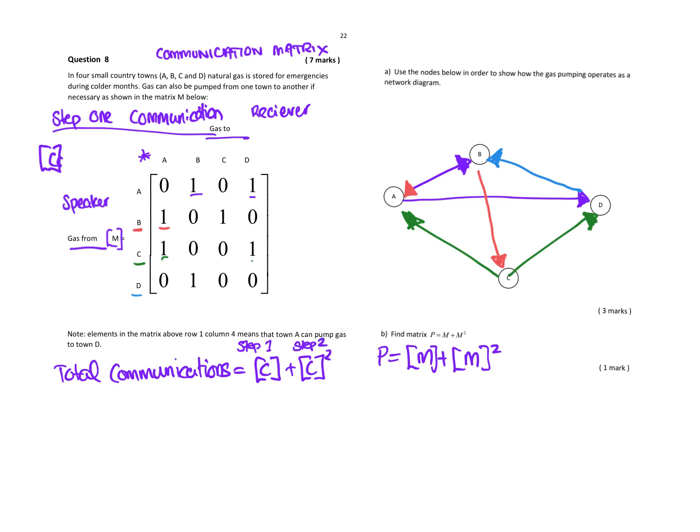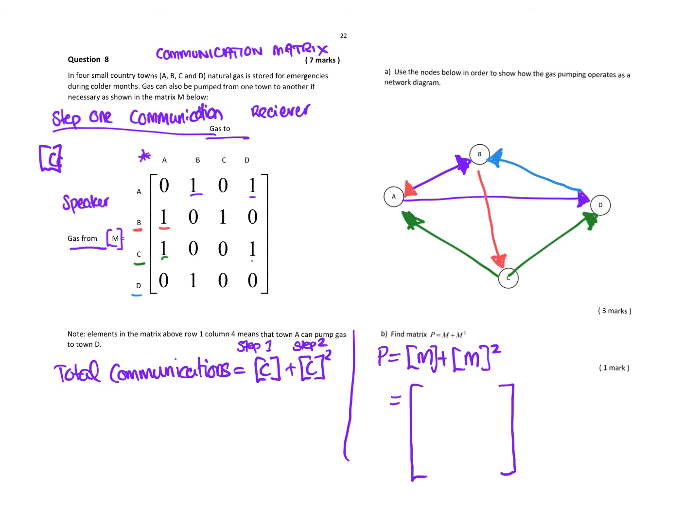This is what they're mimicking here, but they're just calling it different letters. All right, so we're going to pop that communication matrix 1 into our calculator here. When we did this, we end up with this matrix.